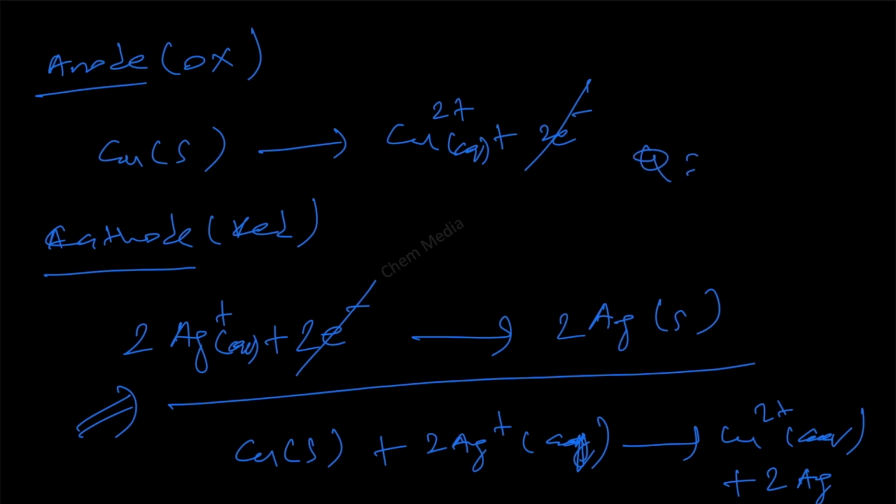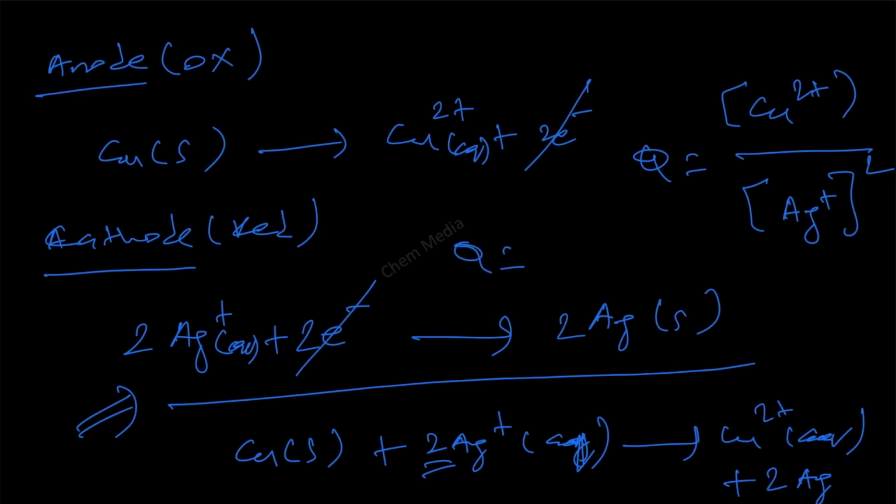Therefore, the quotient here is concentration of copper 2+ divided by concentration of Ag+ whole square, because we have the stoichiometric coefficient 2 here. We don't write solids in the reaction quotient equation because they are constant. Now, this term is given as 10 to the power 16.